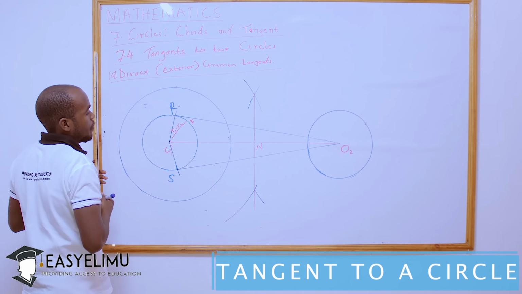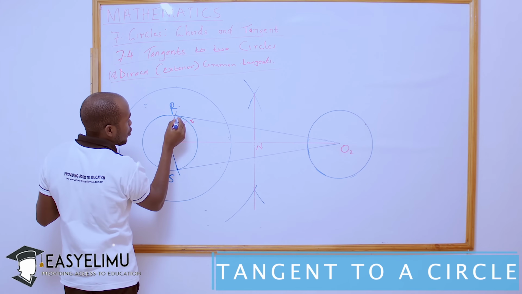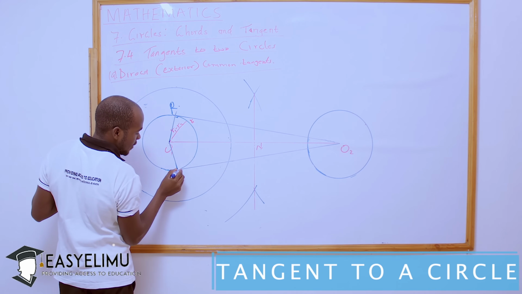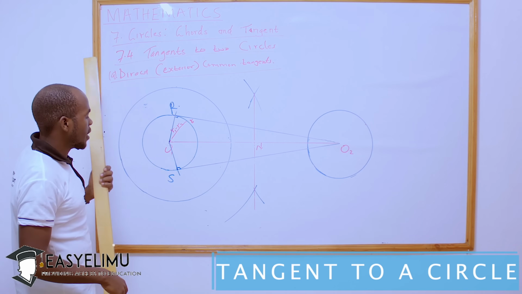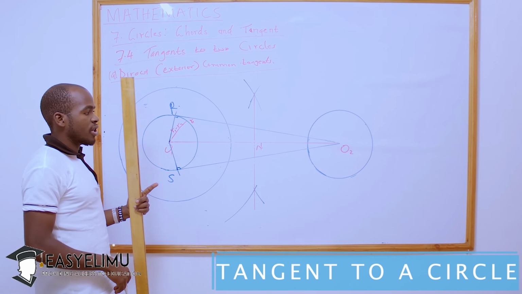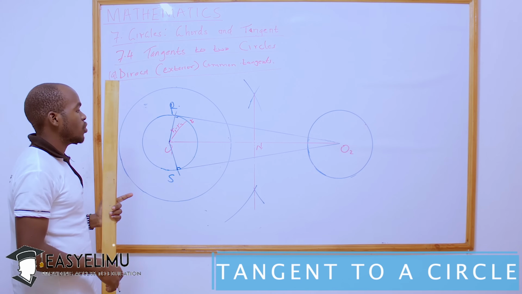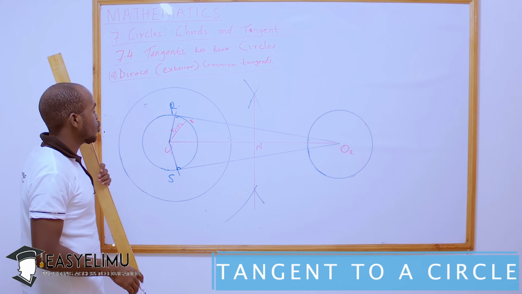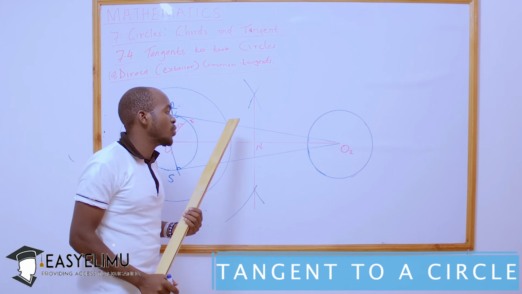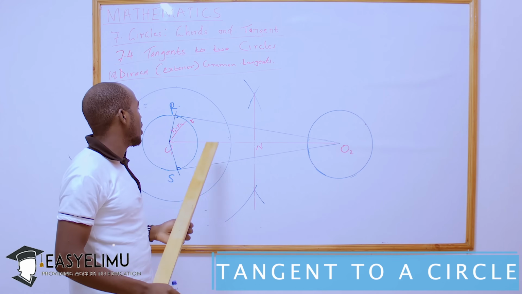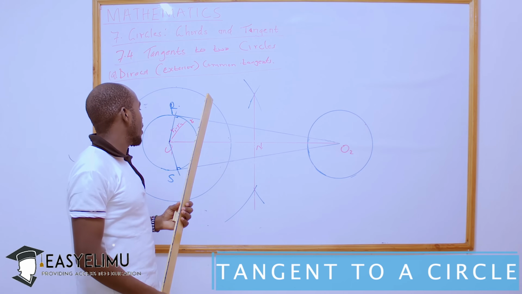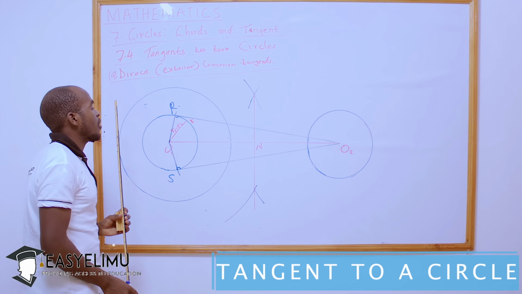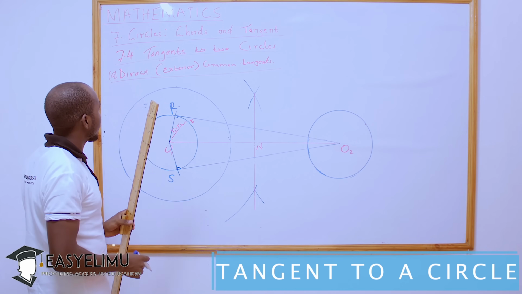On joining, if you view it keenly, this angle here is 90 degrees, this angle also is 90 degrees. So angle O1SO2 is equal to 90 degrees, or the lines which we have drawn internally have formed 90 degrees with the circle of radius R1 minus R2.